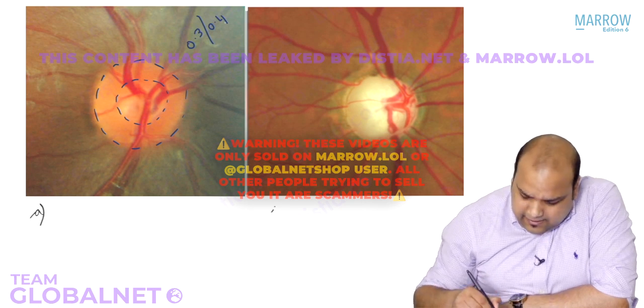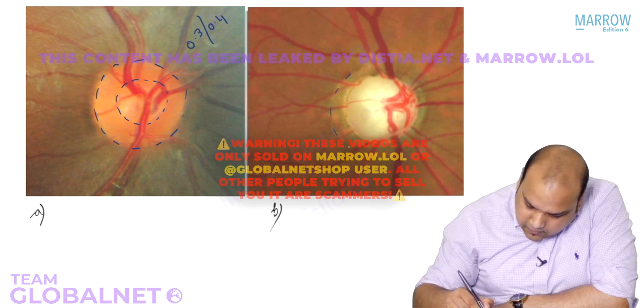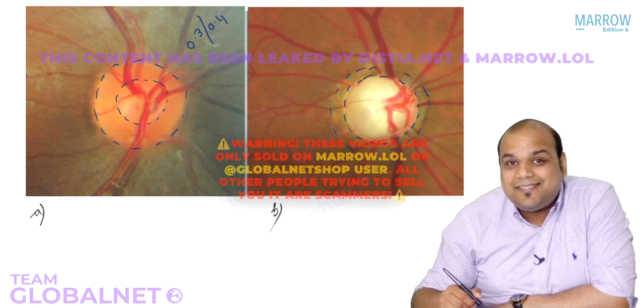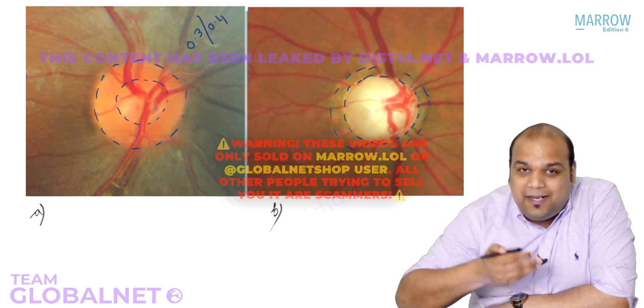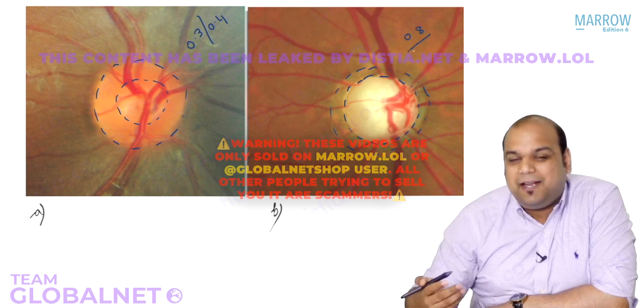But if I see the second image, everybody, these are the boundaries of my optic disc. And now if you see, everybody, the optic cup has become very large. Why has the optic cup become large? Because of loss of neuroretinal rim. I can say the CD ratio must be around 0.8.